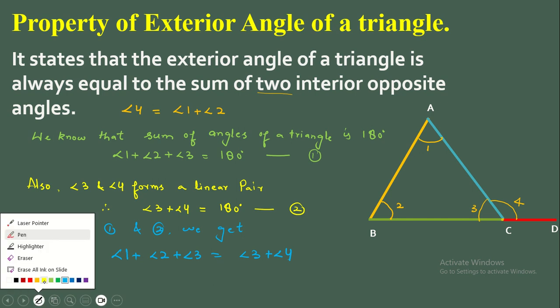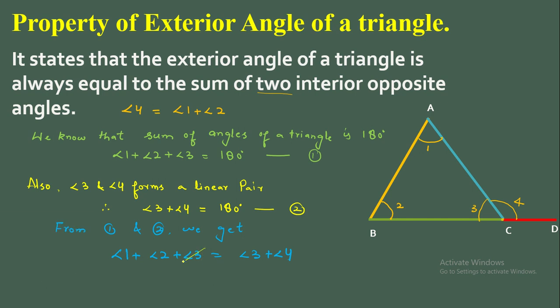Now here on both sides we have angle 3, so we can cancel it out. So we'll get angle 1 plus angle 2 is equal to angle 4, or we can write angle 4 is equal to angle 1 plus angle 2. So we proved here that the exterior angle of a triangle is equal to the sum of the two interior opposite angles.